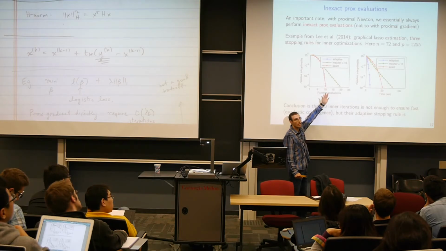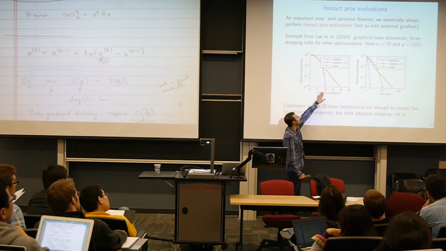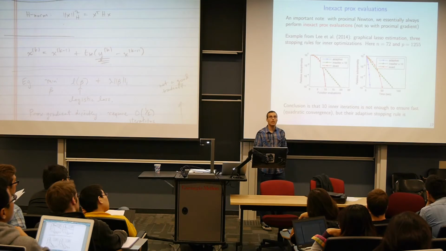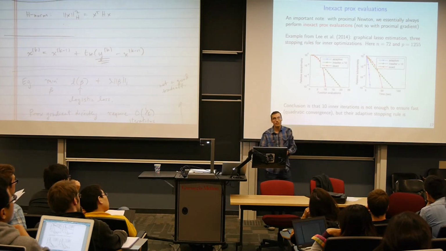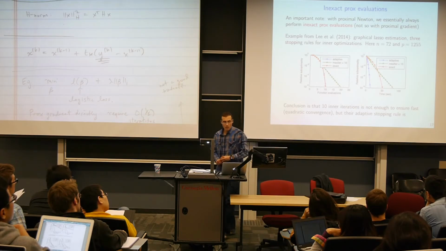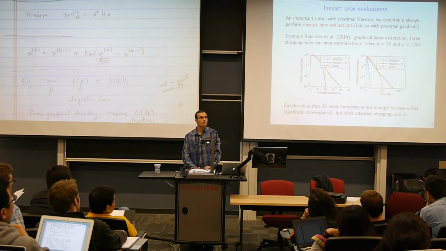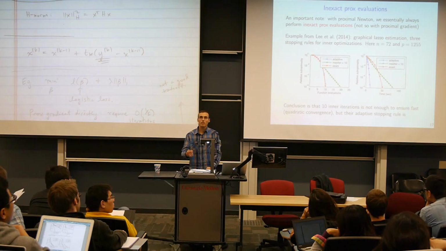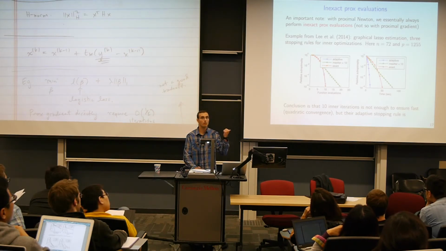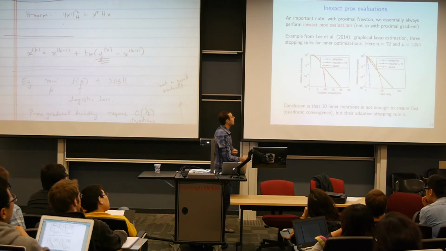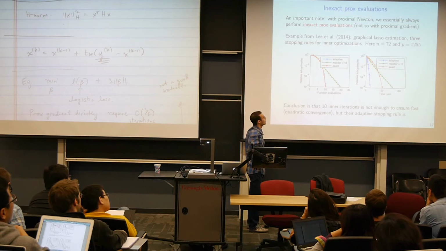That's why they chose a small problem, so they could get close to the exact answer for that inner loop, which is displayed in red, versus one that uses an adaptive choice. They propose a method that will quit the coordinate descent inner loop when it thinks it's done well with respect to the overall problem it's trying to solve. Then there's not a huge difference in terms of convergence.